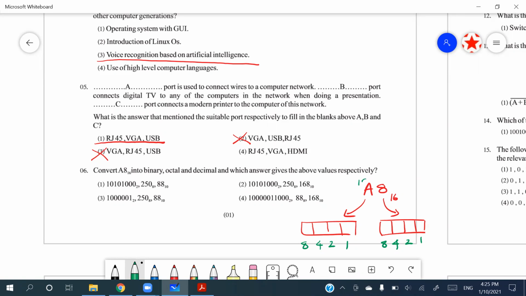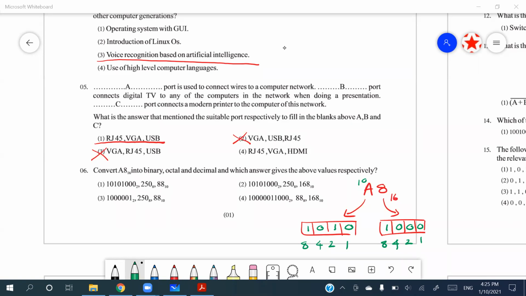So we are going to convert A into a binary value based on these place values. A means 10, so 10 can be created from a 1 over here and a 1 over here, and zeros elsewhere. And for 8, it's going to be 1 over here and 3 zeros, right? So the binary value is going to be 1010 1000. In that manner, we can find two answers.